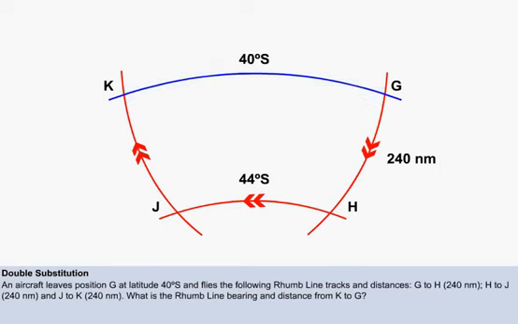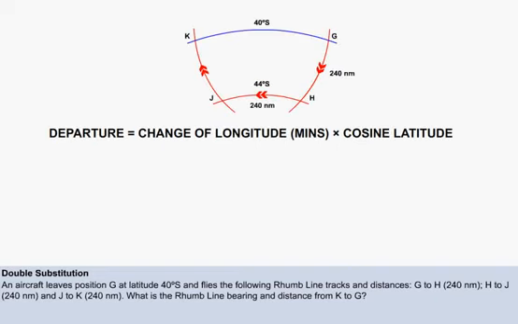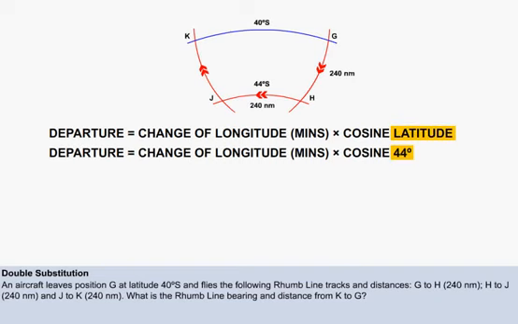Write the departure formula down for the 44 south situation. Departure equals the change of longitude in minutes multiplied by the cosine of the latitude. Which of these do you know? The latitude is 44 south, and the departure is 240 nautical miles.